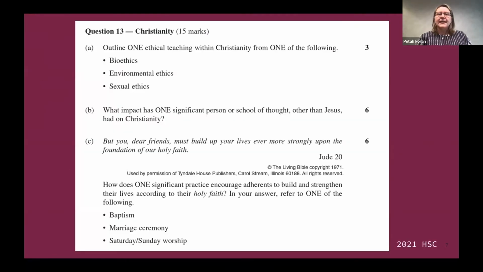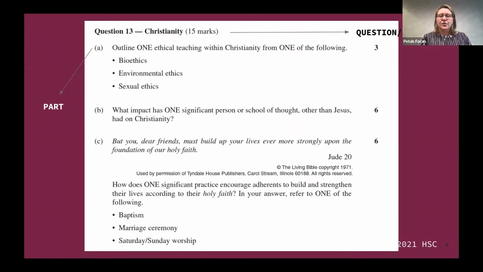So this is an example of a section 2 question, and it is 3 separate parts. You need to answer all of these to answer the question. So we've got this annotated here. Question 13, Christianity, that is the question, that is the religion.